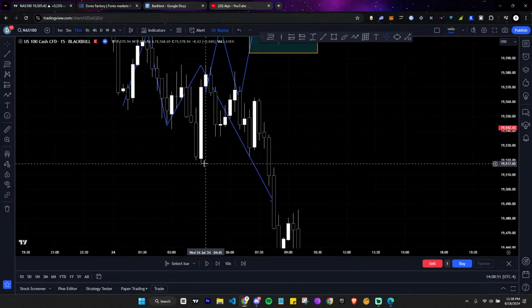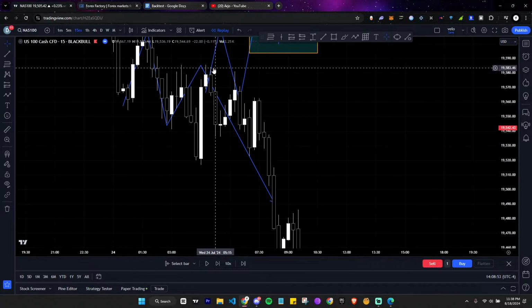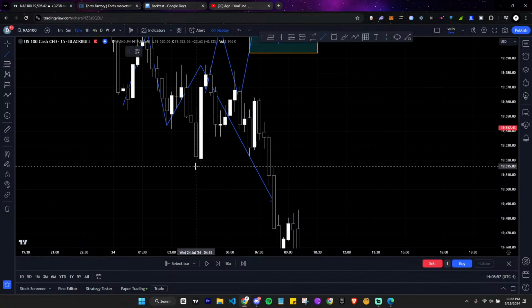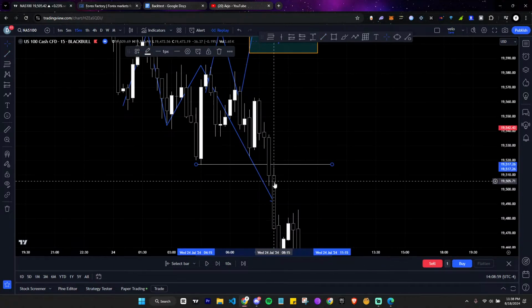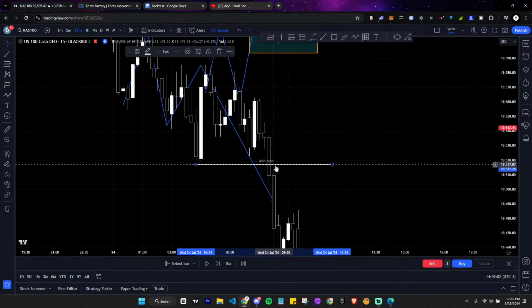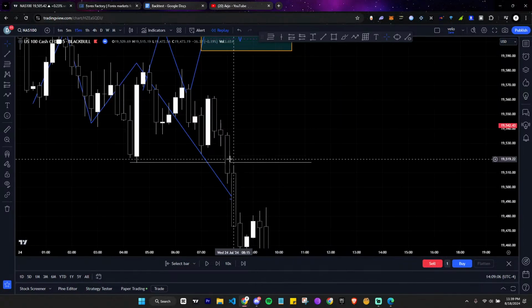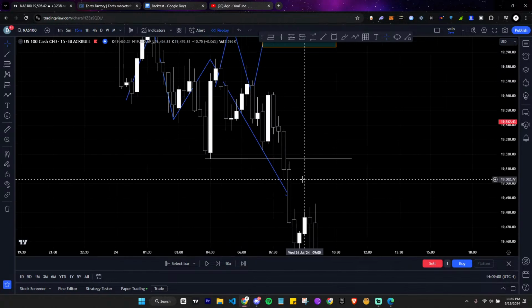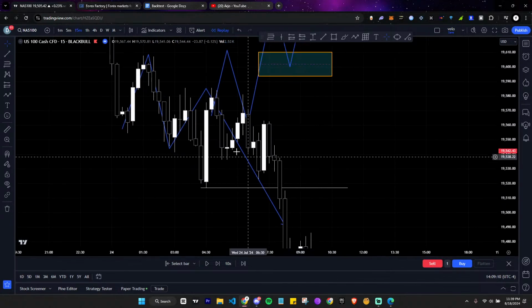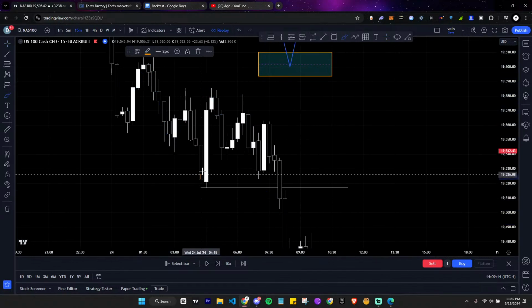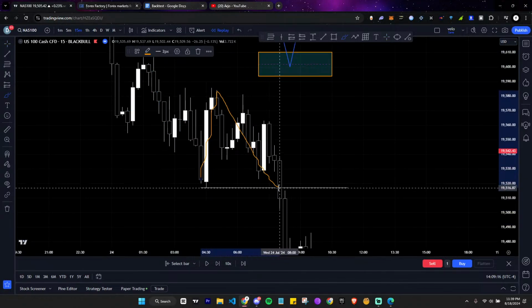You could consider 1, 2, and 3, and it tests this level, almost there. Let's just imagine this is wicked into. It breaks through this level, ultimately guaranteeing that this trend is in fact valid, right?